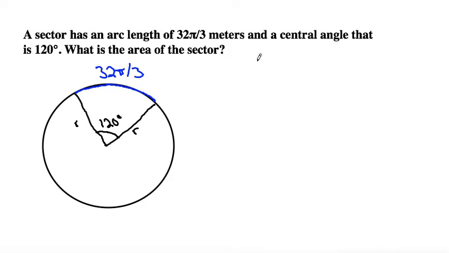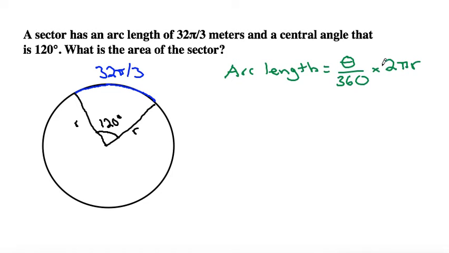Now that we have a picture drawn, let's look at the formulas for arc length and area of a sector. Since our angle is given in degrees, I'll give the arc length formula in degrees: the angle over 360 times 2 pi r.